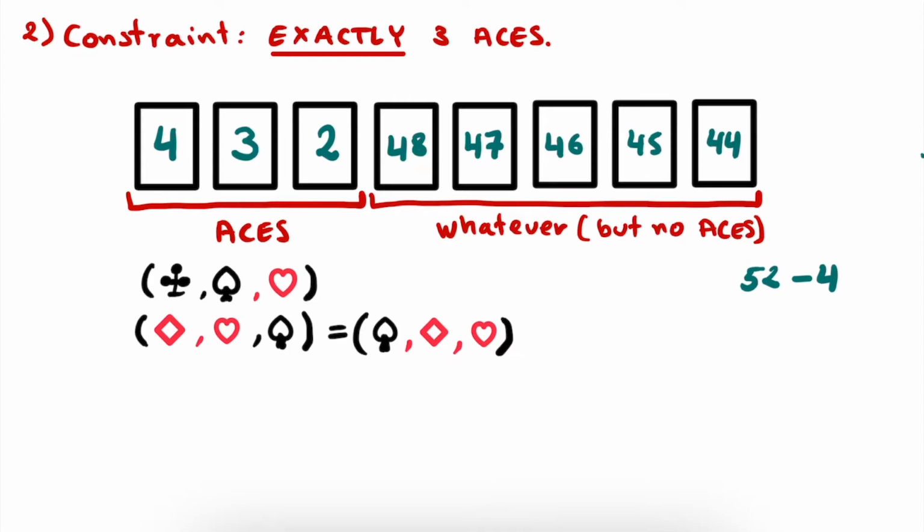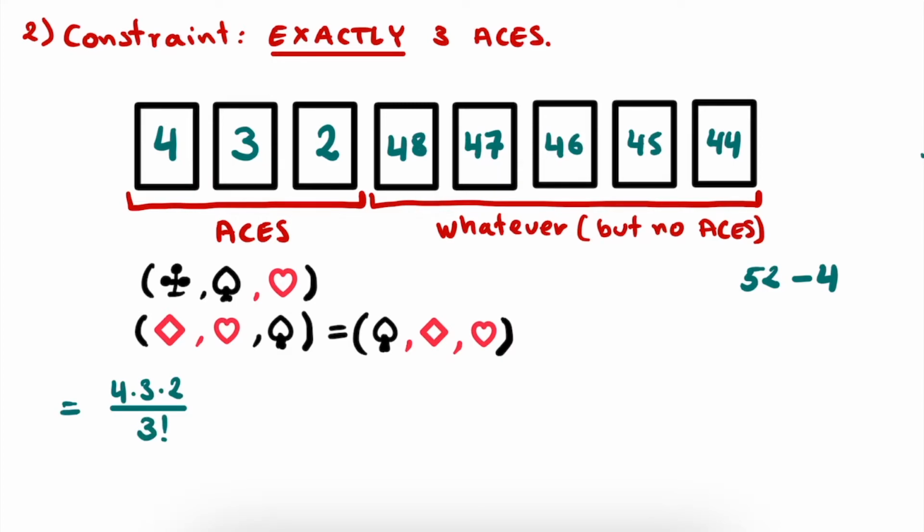And as stated before, the total number of combinations is now simply multiplying these numbers together, and of course taking into account that order doesn't matter. So what does this look like? Well, we have 4 multiplied by 3 multiplied by 2, which is of course these 3 aces. Now since the order doesn't matter, as we saw in this specific example, we have to divide this by the number of ways in which we can swap these 3 cards around.